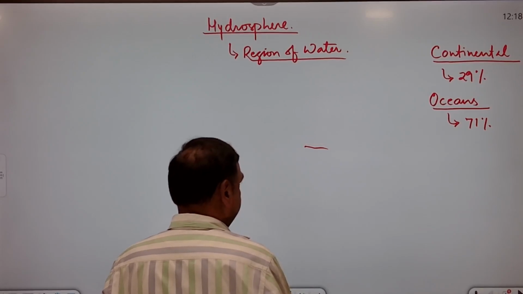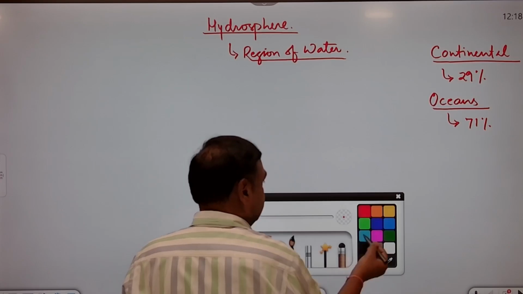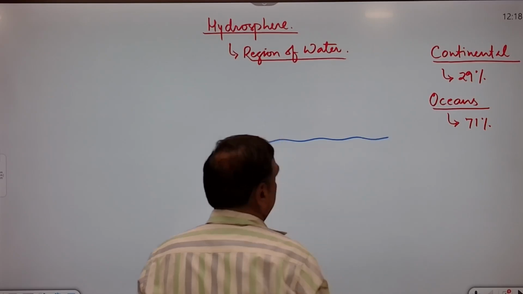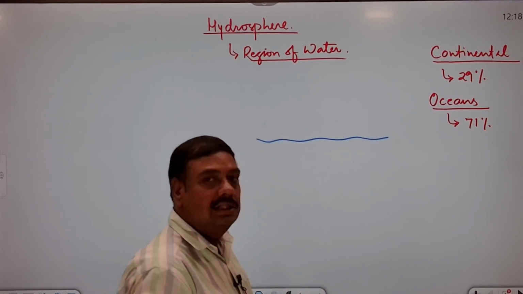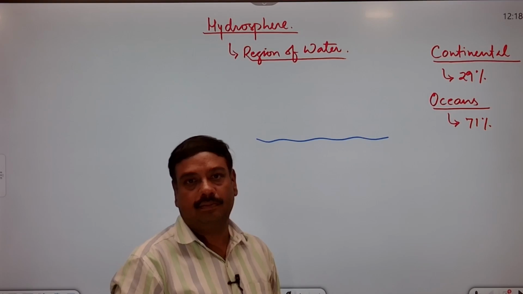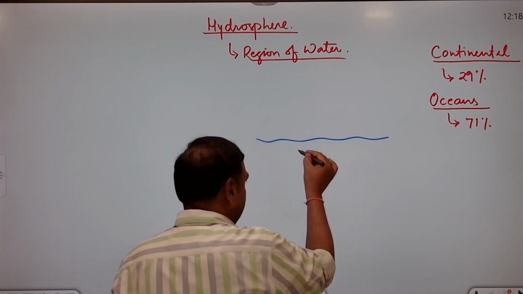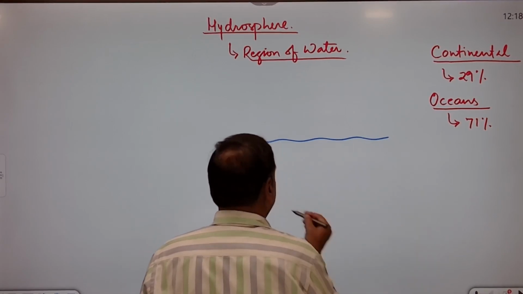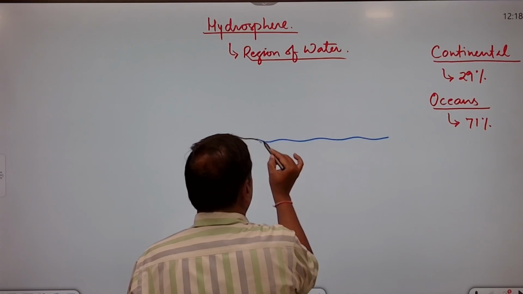So, from above we can see only the water, but when we enter the oceanic region, we can find that there are certain irregularities found inside the ocean.